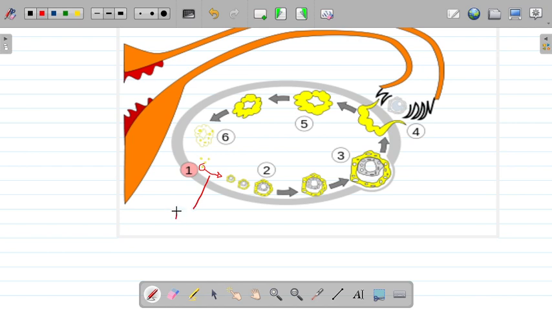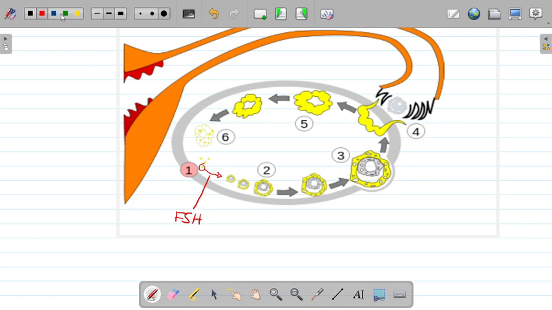Come on, it's easy. The follicle stimulating hormone. The follicle stimulating hormone is responsible for the development of the follicle into a large enough follicle known as the Graafian follicle. And where is it from? From the pituitary gland. You with me?